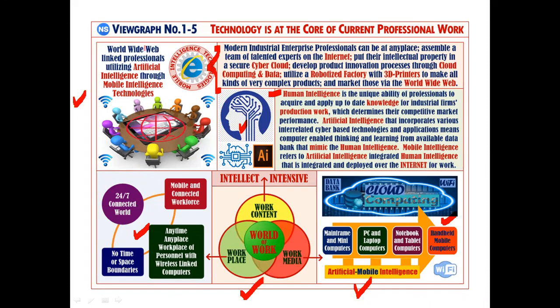Modern industrial enterprise professionals can be at any place, assemble a team of talented experts on the internet, put their intellectual property in a secure cyber cloud, develop product innovation processes through cloud computing and data, utilize a robotized factory with 3D printers to make all kinds of very complex products and market those via the World Wide Web. So this is our work environment nowadays, and this is how we do the work.